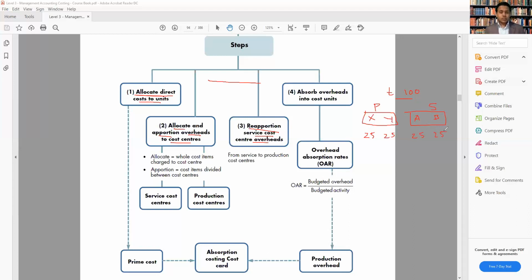Now the production department makes the product and sells it to the customer, and they pay for that. But the service departments just provide a service and don't have any income at all. For example, if you buy a computer from Argos, the store doesn't have an income because the store is there to give you the service.